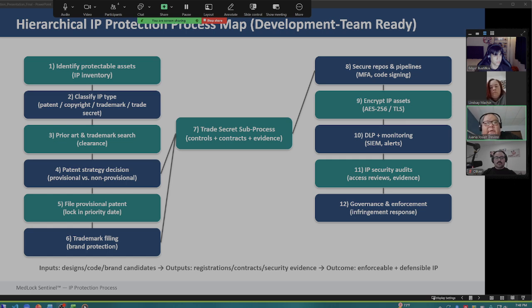Steps 8 through 12 are IT-led safeguards and governance: secure repos, encryption, DLP monitoring, audit evidence, and enforcement. For the dev team, treat this as a checklist that runs in parallel with early product milestones: architecture freeze, MVP, and beta.